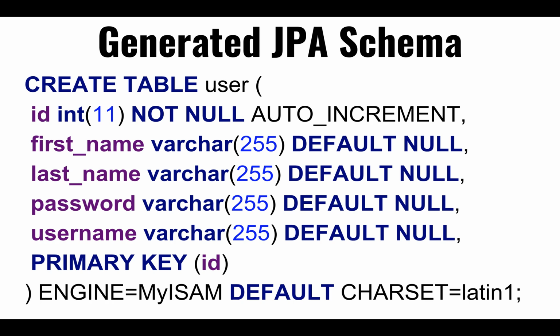Also notice that by default it made everything nullable. Notice that it put the constraint of the primary key in there. Also, because we used the generated value, it added the auto increment in there. See that? It also chose some standard sizes for these strings, 255 characters. Now all this can be overridden.